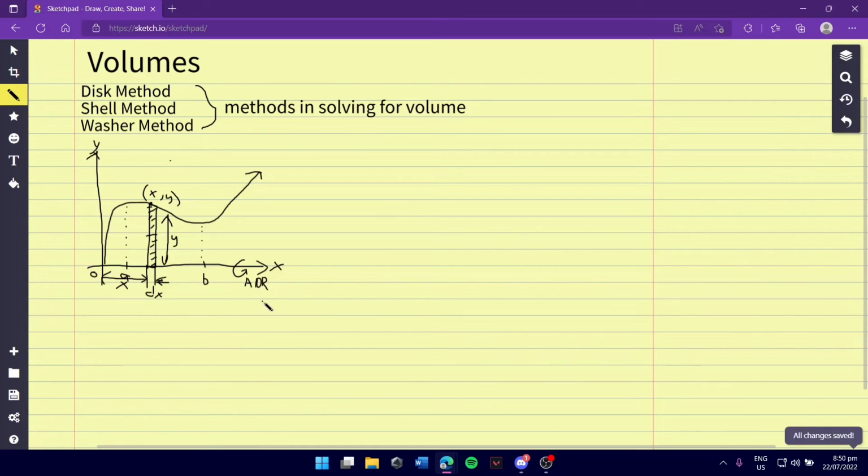So this is rotated in the x-axis. So this is the thickness of your disk.